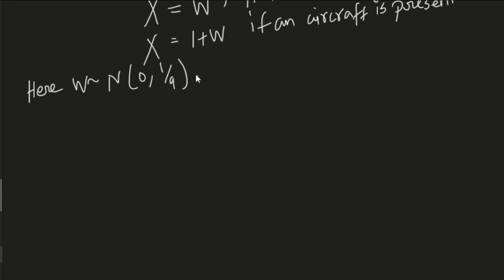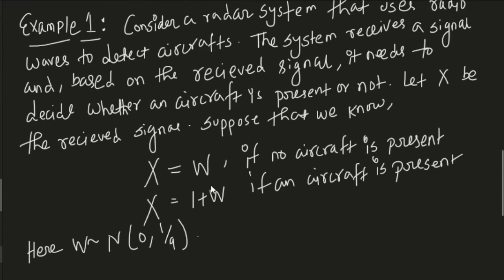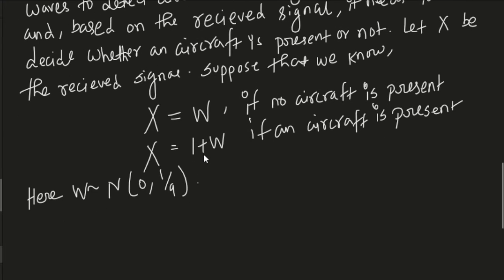So up to this part we are clear, because we understand what W is. W is basically a normal random variable with mean 0 and variance 1 by 9.